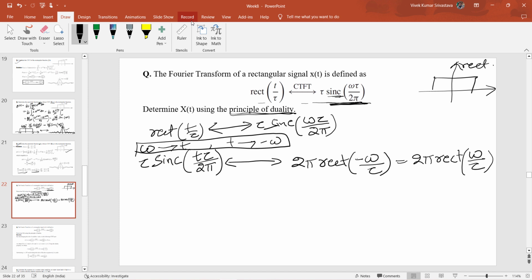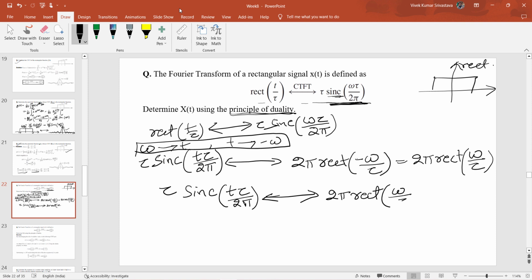Okay, so now, yeah, so here we can say that tau sinc of t tau by 2 pi will give the Fourier transform of 2 pi rect of omega by tau. So now what we will do, we will take tau as 2w.